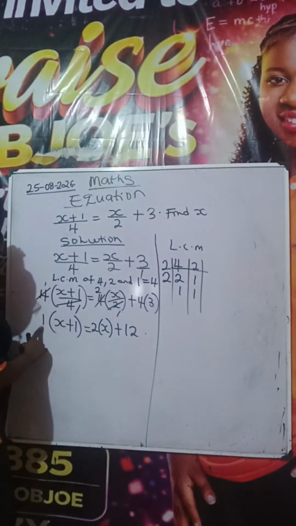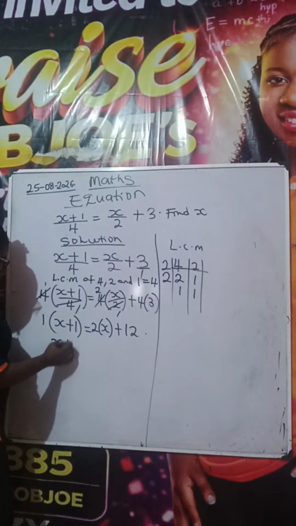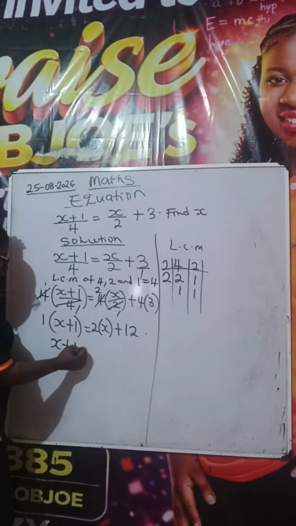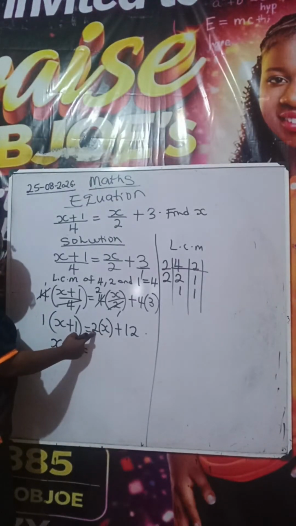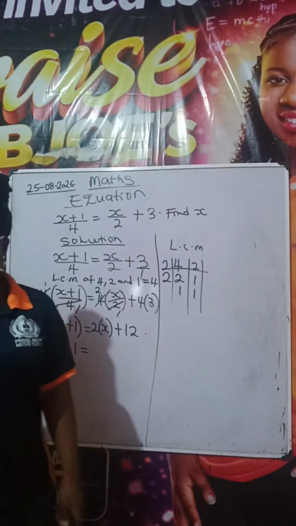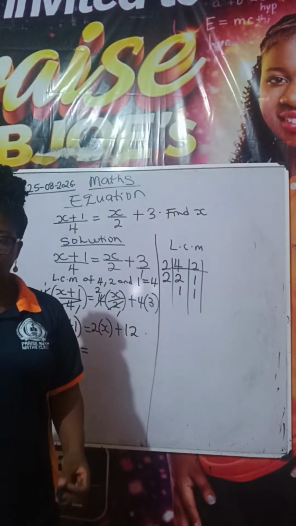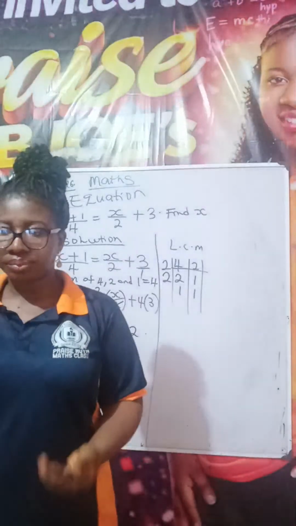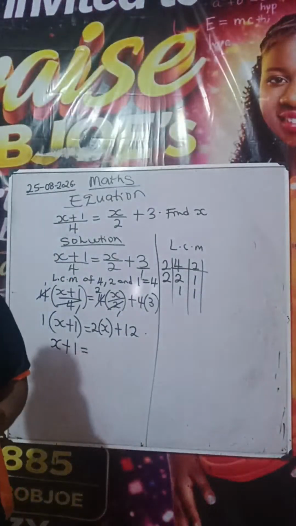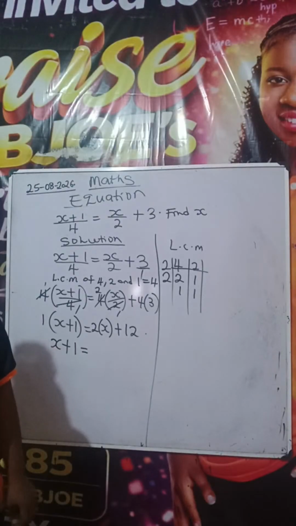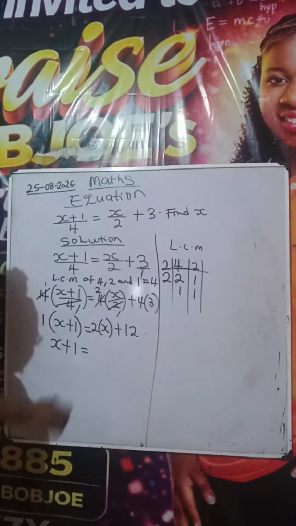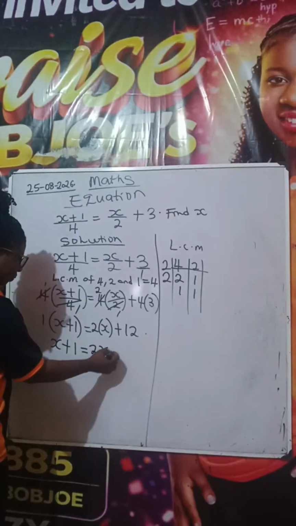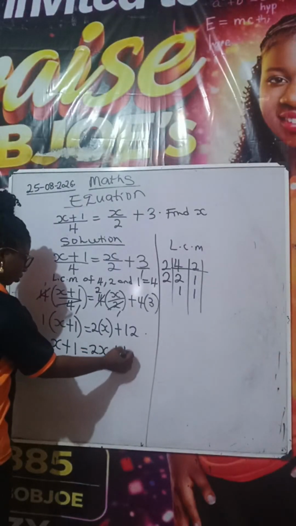So we have 1 times x will give me x, 1 times 1 will give me 1, equal to, use this 2 to multiply, 2 times x, which gives us 2x. Beautiful. Then plus the 12.